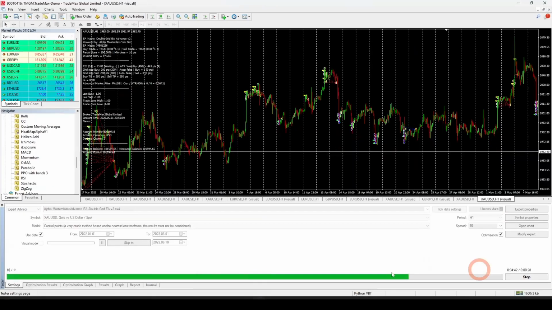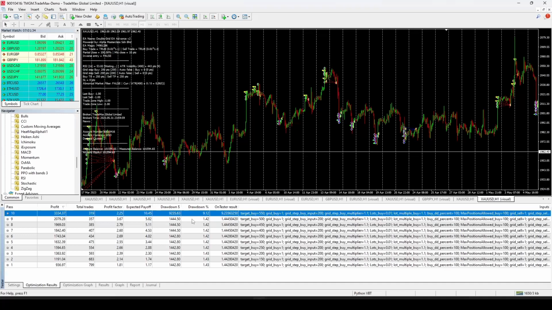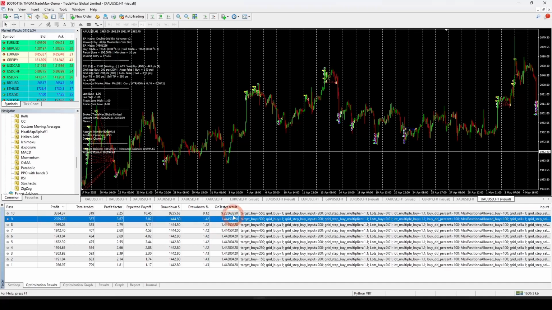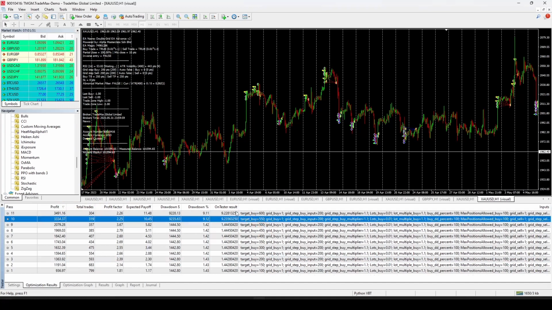So this has not yet been done. You can see it's about 3,000 plus. You see the drawdown is having a sudden jump. Now you look into this. How to read these is pretty straightforward.